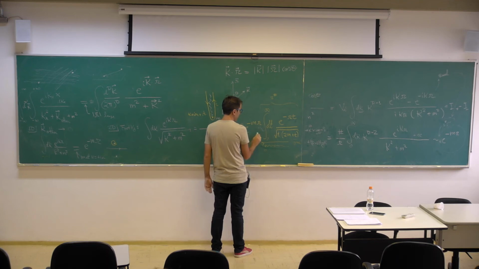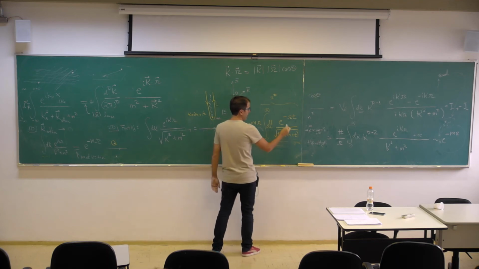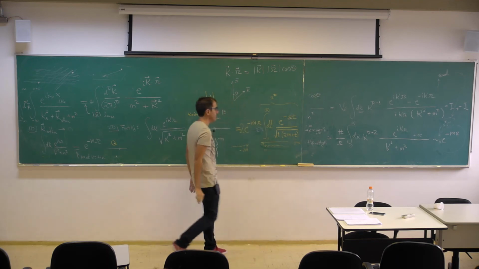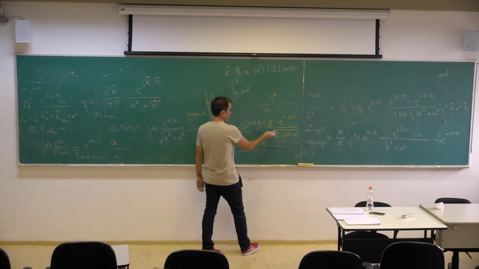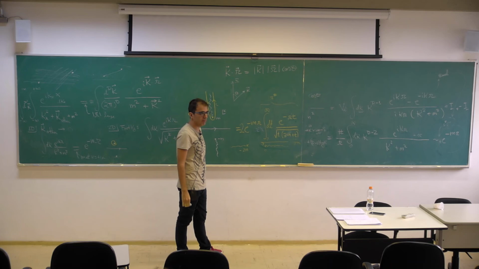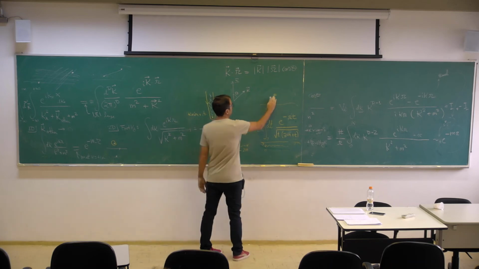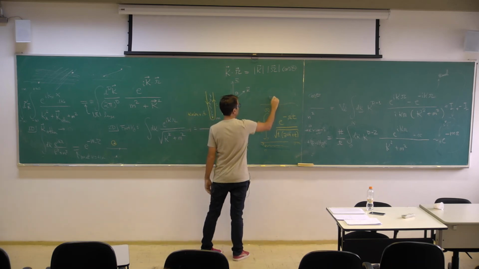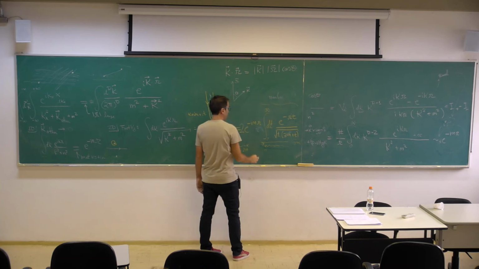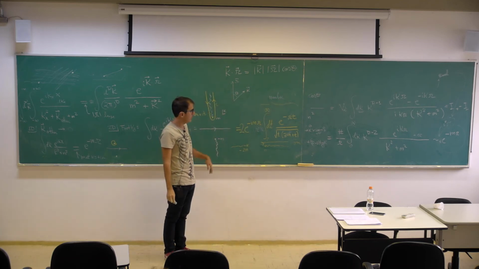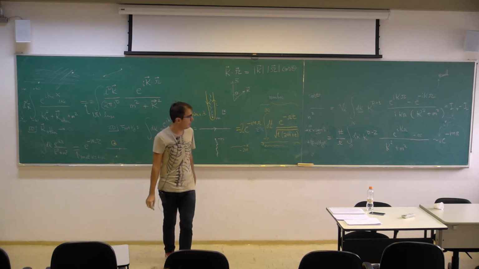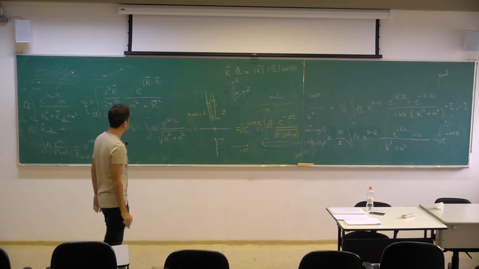Do you agree? And then there is no r here, and there is no 2m here. And we just need to do this integral that gives a number. Now it's just a number. r got out explicitly. Okay?